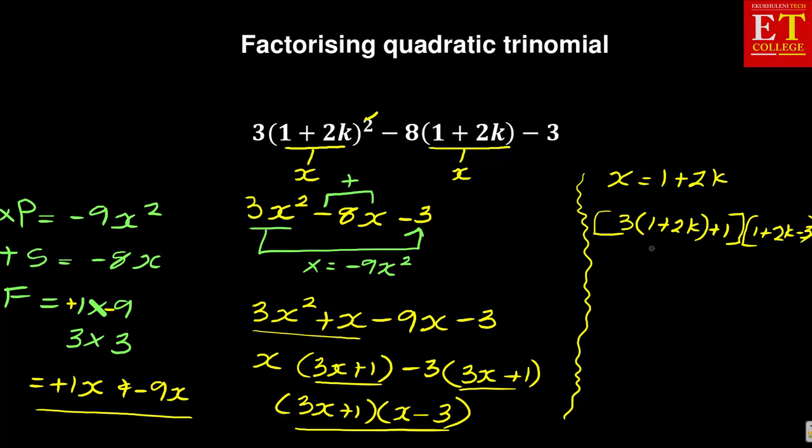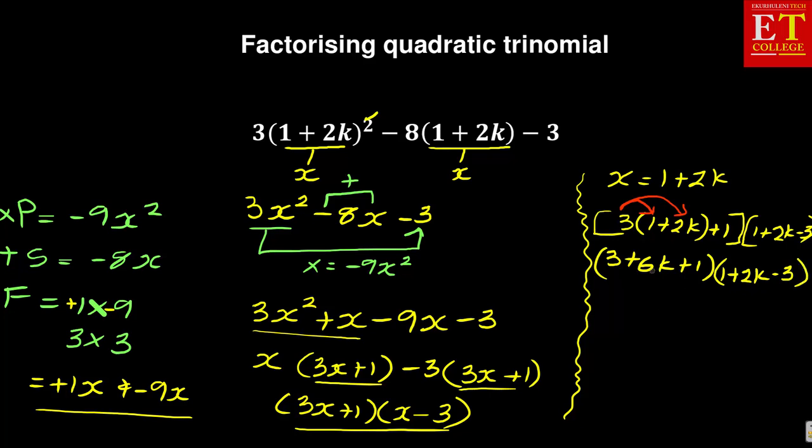So if you continue, the 3 multiplies the 1 and the 3 multiplies the 2k. So what you're going to be having is 3 plus 6k plus 1, and you have got the 1 plus 2k minus a 3.